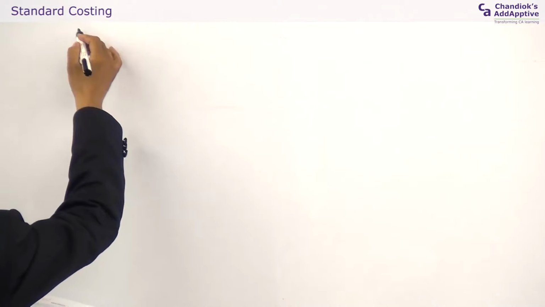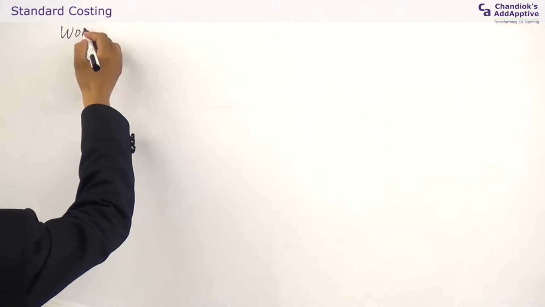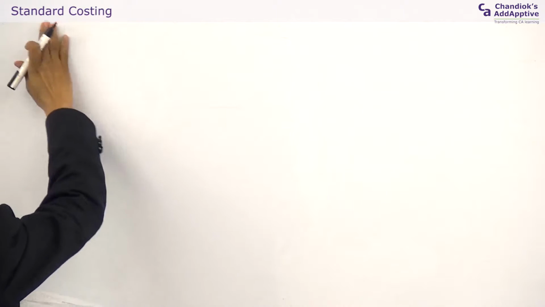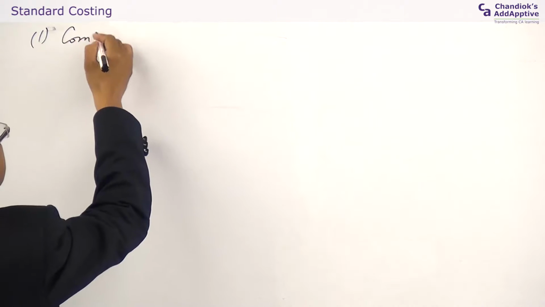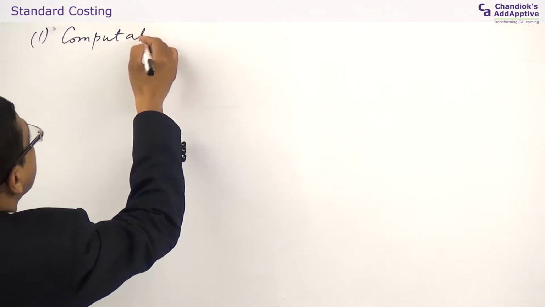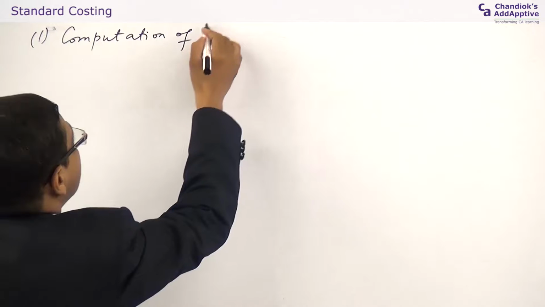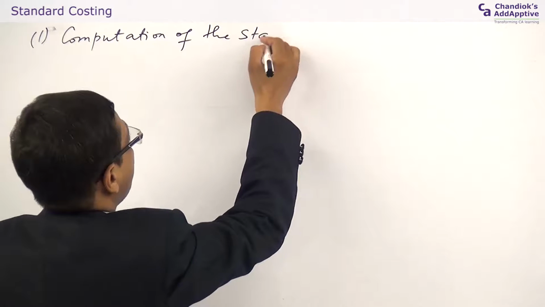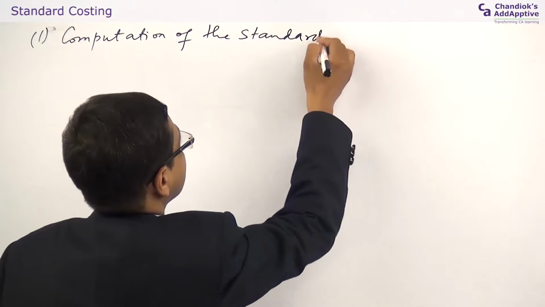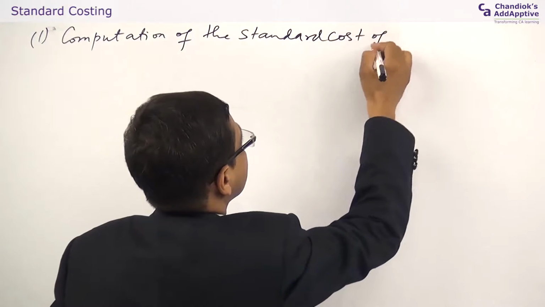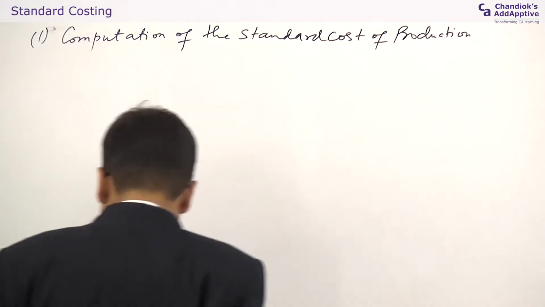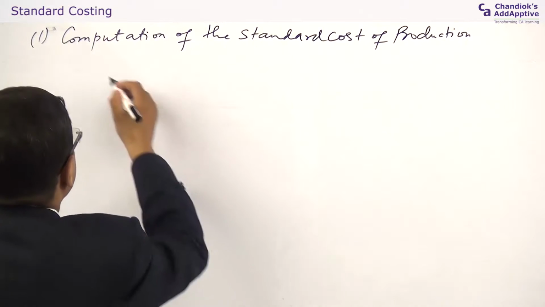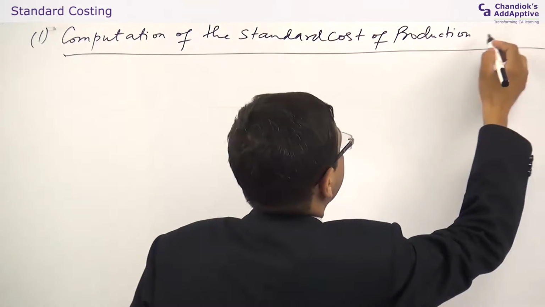So, the first point I will write here as number 1. It says computation of the standard cost of production. The unit is here per dozen.